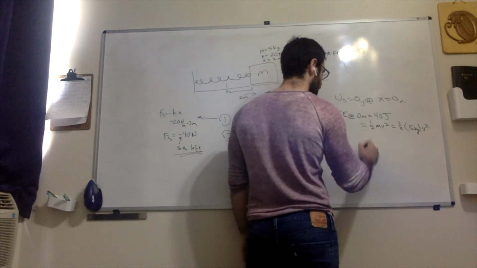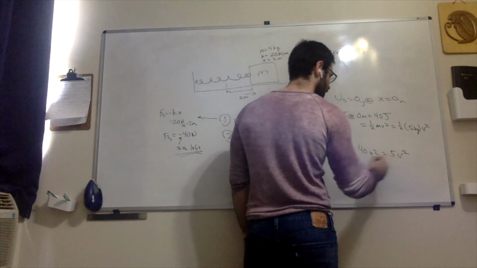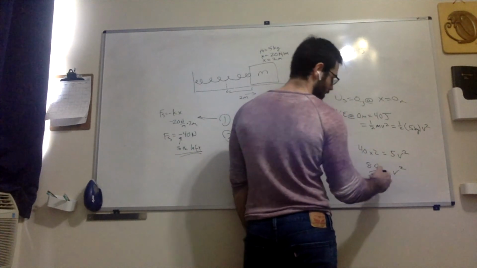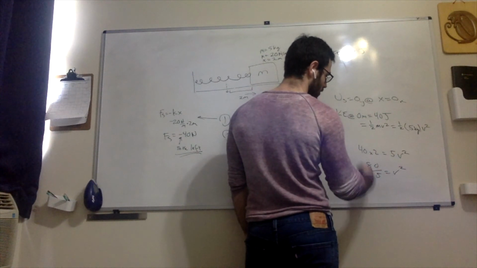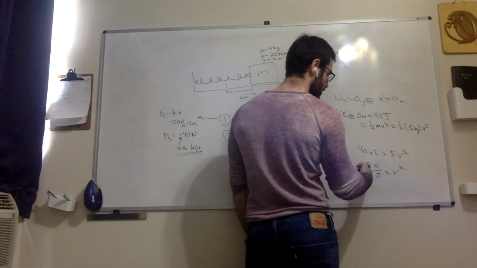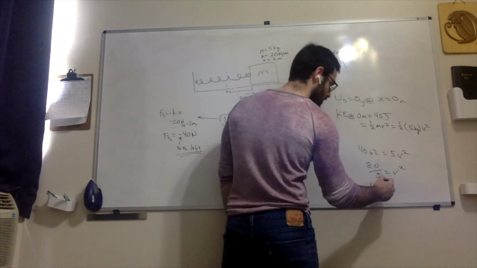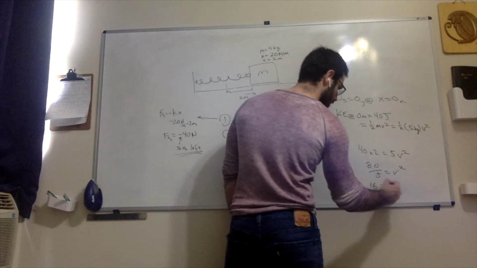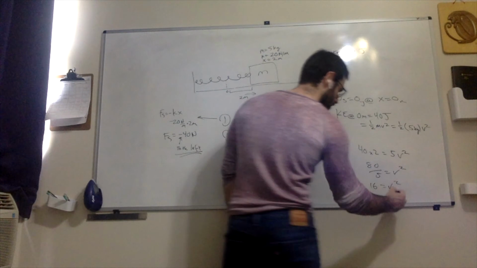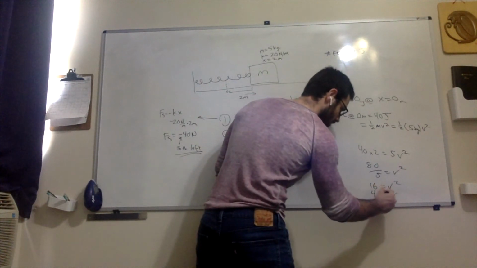And we get 40 times 2 equals 5v squared. Divide by 5, so I get 80 over 5 equals v squared, which, if I remember correctly, is some number. What is that, 16? 16 equals v squared. So v is equal to, yes, you're right, 4 meters per second.